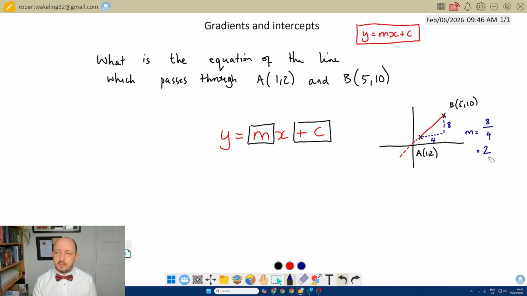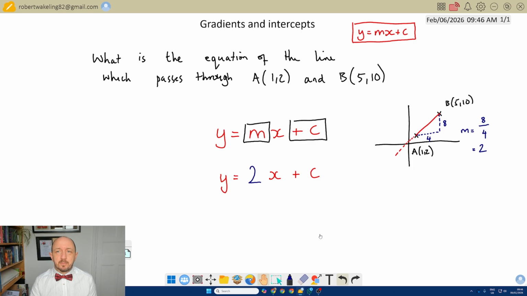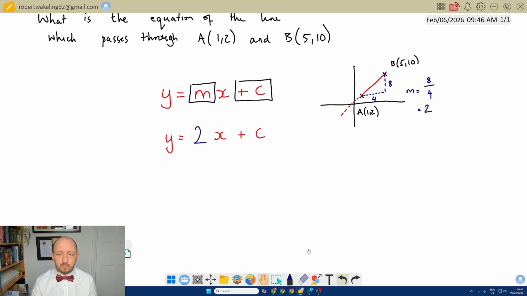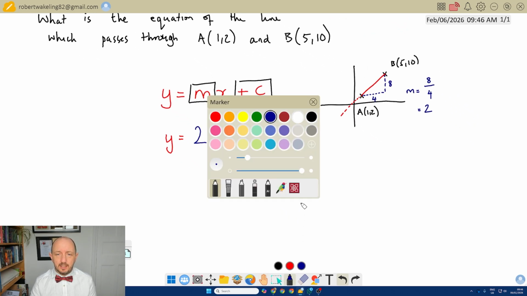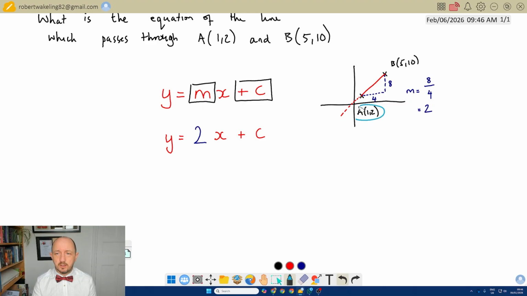So now we've worked out that the gradient is 2, we can rewrite our equation with the 2 now in place. We know the gradient's 2, but we don't know what the y-intercept is. To work that out, we can take either of these coordinates.